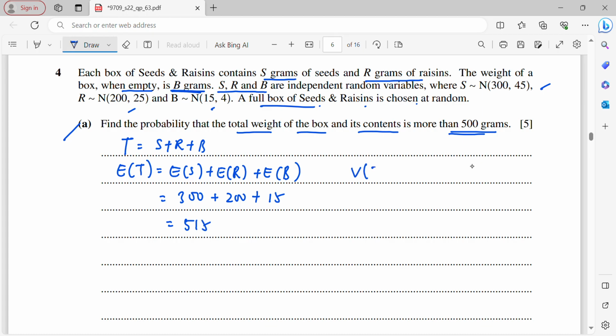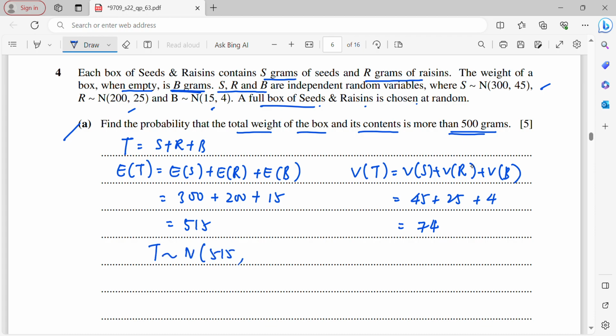For the variance, it will be variance S plus variance R plus variance B. Variance S is 45, variance R is 25, variance B is 4. Then from here you will get 74. Which means my T is normally distributed with mean 515 and variance 74.